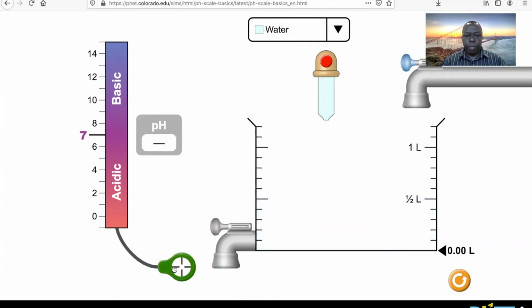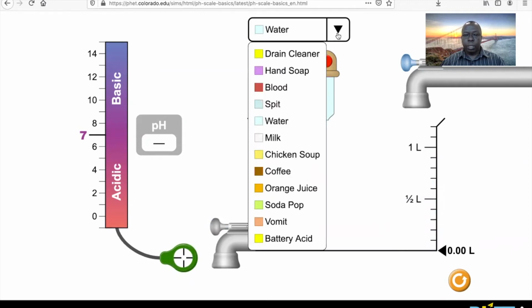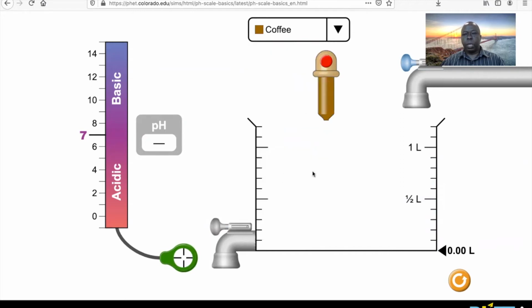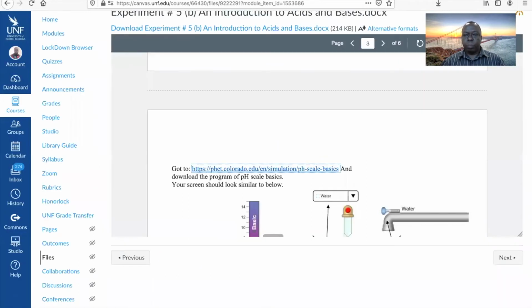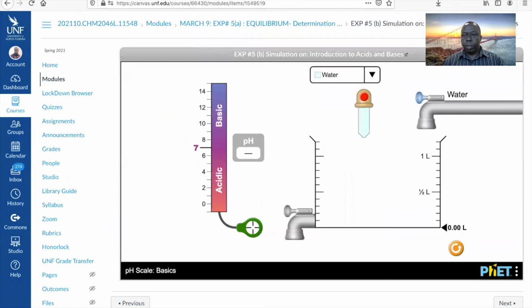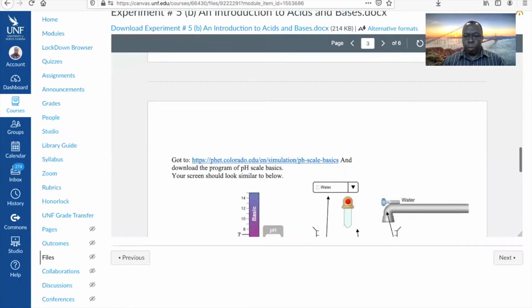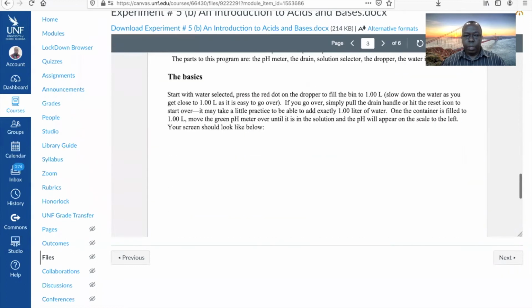You can remove this and select, let's say, coffee. Let me just select that coffee. The direction here talks about how much to add.